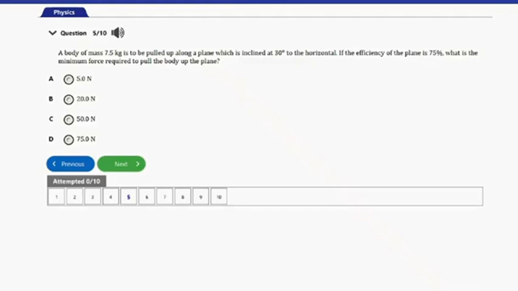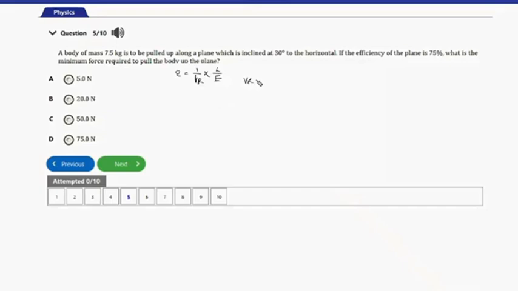Alright, so guys, the efficiency of the machine is 75%. So let's recall that efficiency is 1 over the velocity ratio times load over effort.